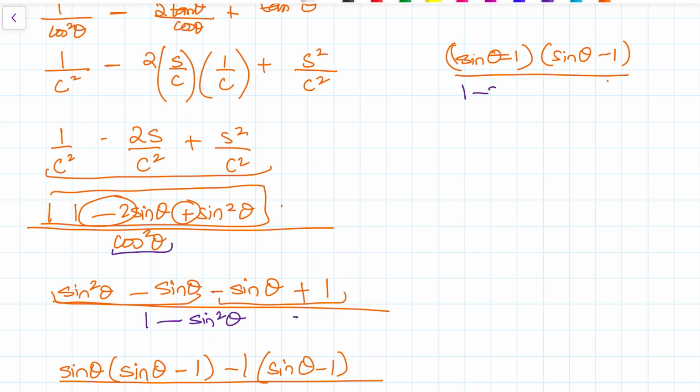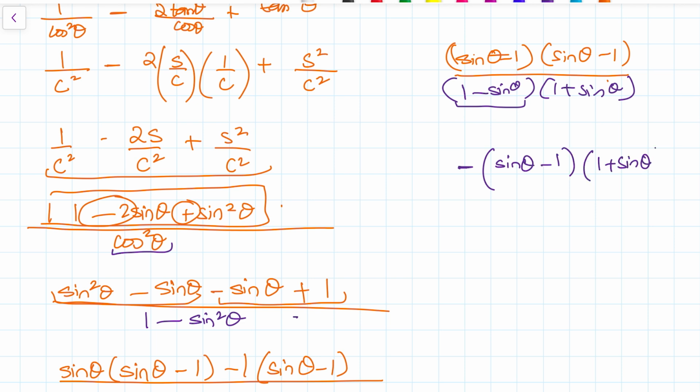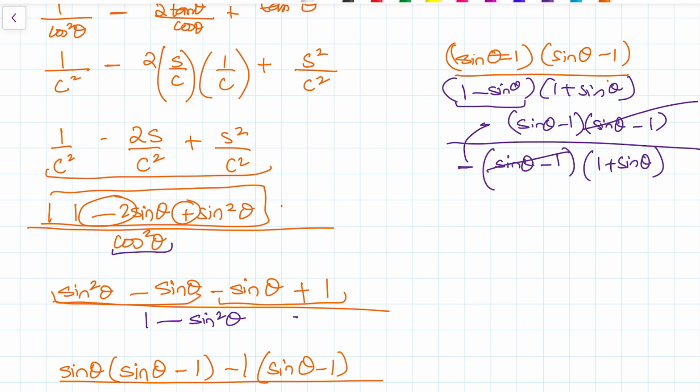So I can write it as 1 minus sine theta, 1 plus sine theta. Now taking the minus sign common out from the denominator, and in the numerator we have sine theta minus 1, sine theta minus 1. This will cancel out. This minus sign can be shifted in the numerator.